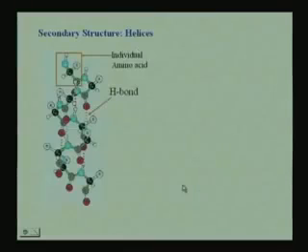Okay. Now we come to the secondary structure called the helices. We have a specific individual amino acid here. Now, if we were to follow the direction of the polypeptide chain, follow it very carefully, and you can say in which direction it is going.